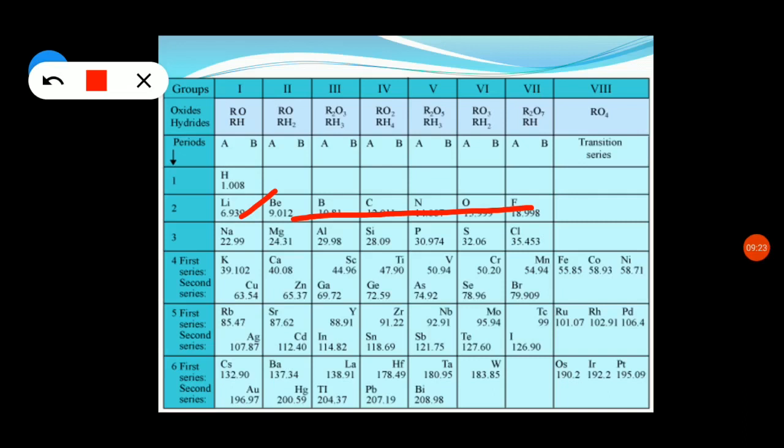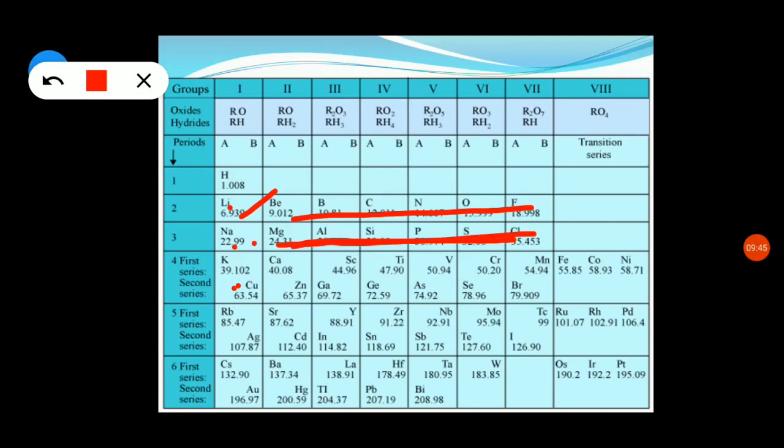That is, the lithium and sodium properties are similar to each other. After sodium, when you move a certain interval, potassium will have properties similar to sodium. So at fixed intervals, the properties repeat. This is called periodicity.